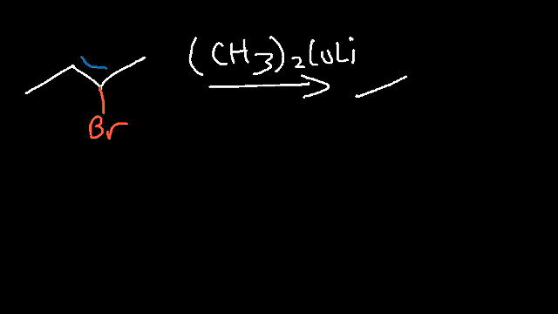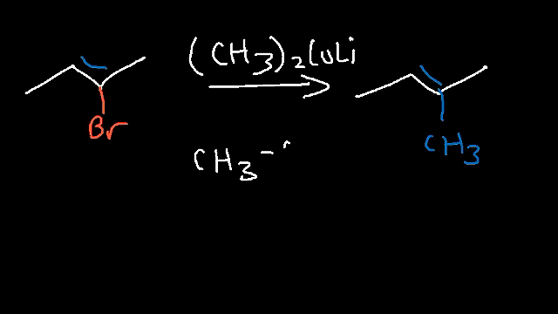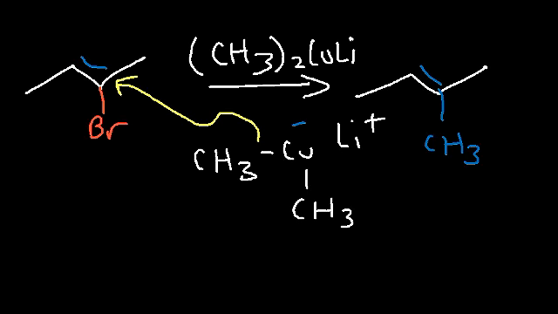And what's going to happen, the net result is that you're going to replace the bromine atom with a methyl group. And the double bond is still going to be there. So here's how it works. So one of the methyl groups is going to attack the carbon that has the bromine atom.